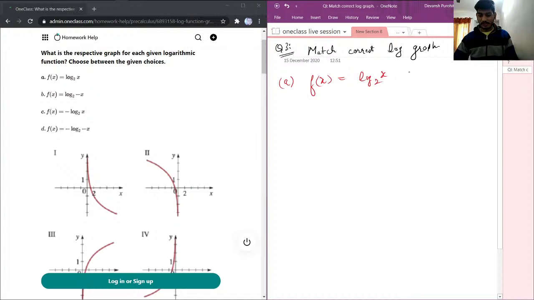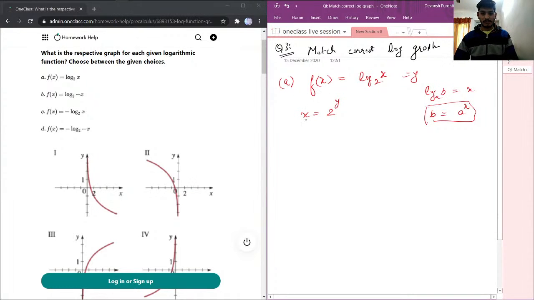Let's say this is equal to y. Then I will take antilog on both the sides. So I will get x equal to 2 raised to the power y. This is the property of log. For example, if log of b with base a is x, then b will be a power x.